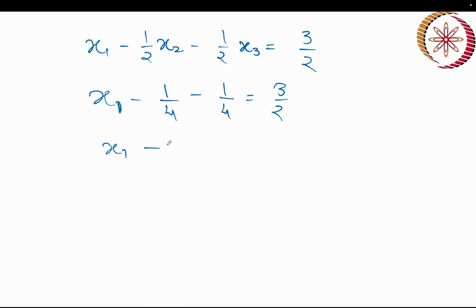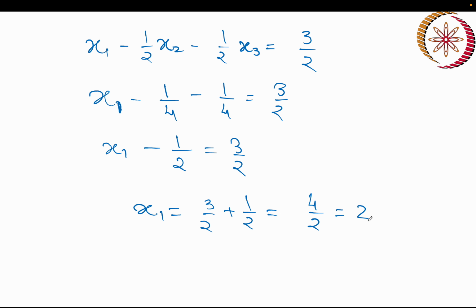So x1 minus 1 by 2 is equal to 3 by 2, and x1 is equal to 3 by 2 plus half, which is 4 by 2, equal to 2.